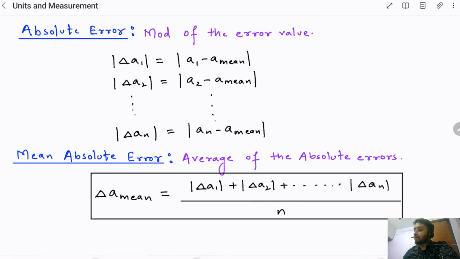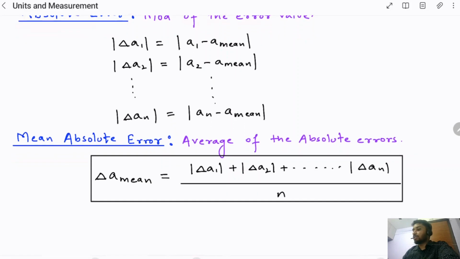Okay. Now we are close to our final representation.